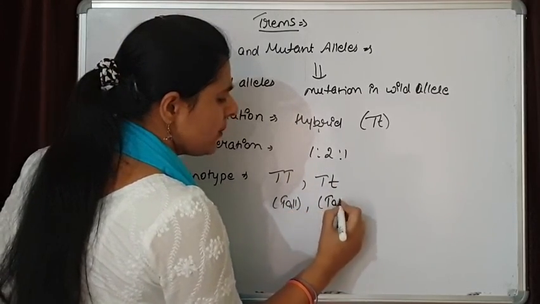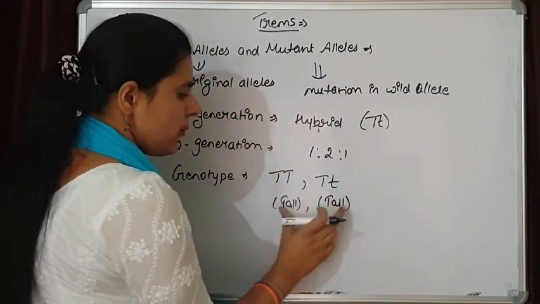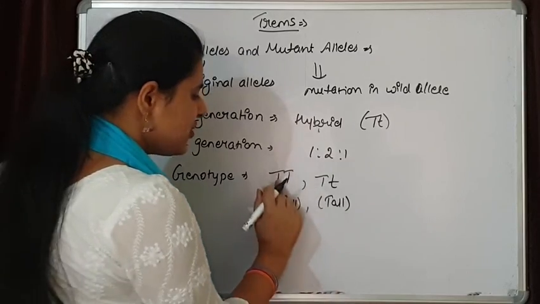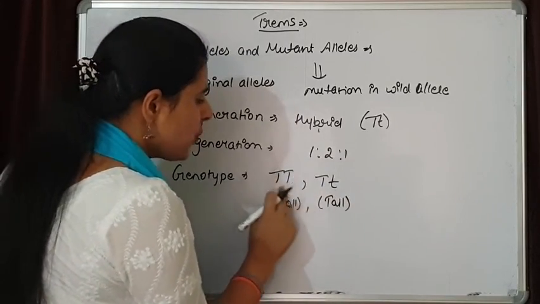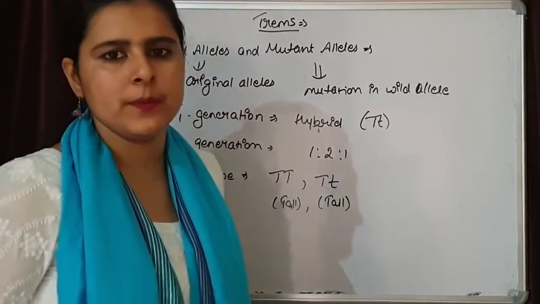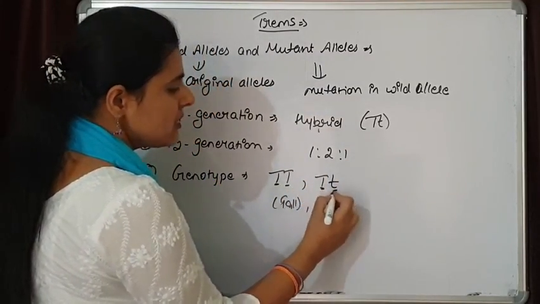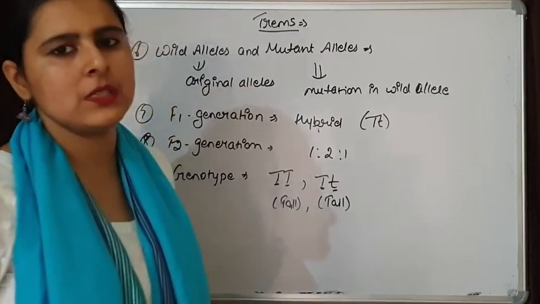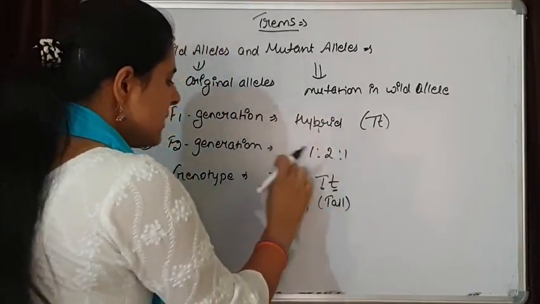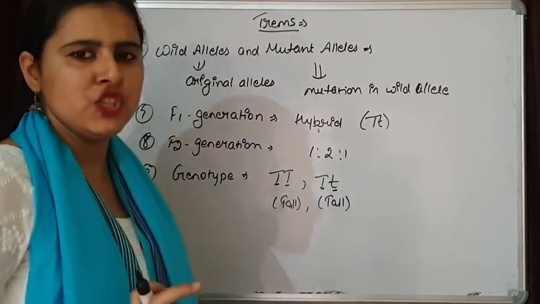But if we see the difference, the plants appear tall but their genotype is different. This is a homozygous dominant plant and this is a heterozygous dominant plant. So both are tall but their genetic composition is different. The alleles present in them are different. So the genetic composition is showing our genotype.